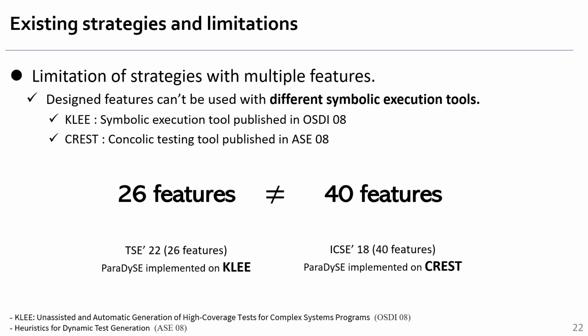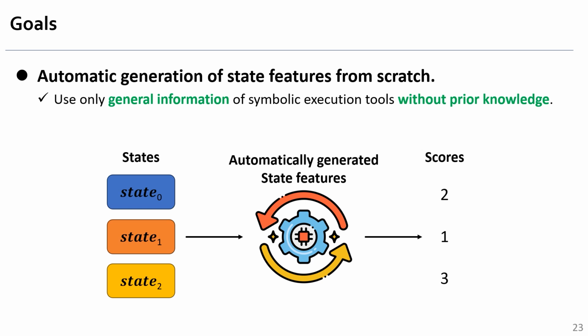So we try to solve all these issues by automatically generating state features from scratch. More specifically, we intended to use only general information which is applicable to all symbolic execution tools without relying on any prior knowledge.